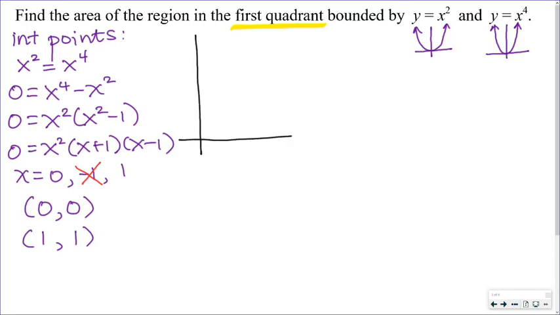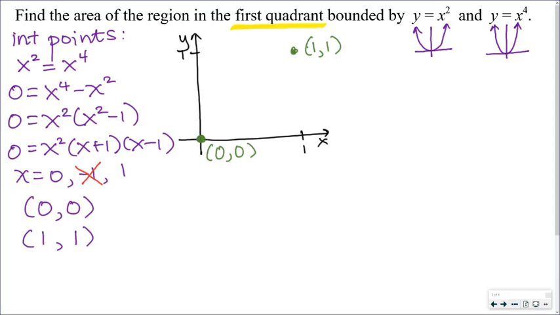So I'm going to have a graph that looks like this. I'm going through the point 0, 0, and 1, 1. Please make sure you either include a scale on your graph, or you can label points like I've done here, one or the other.